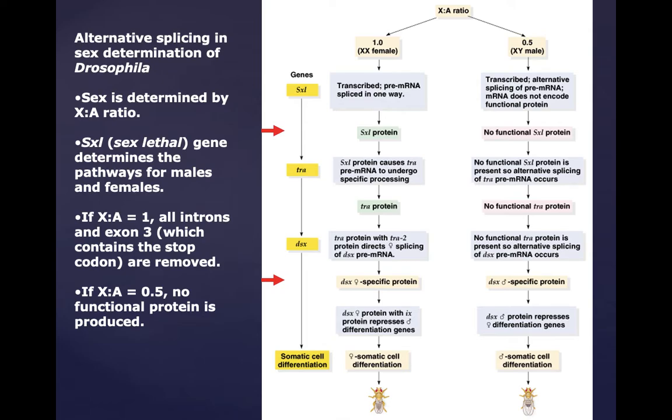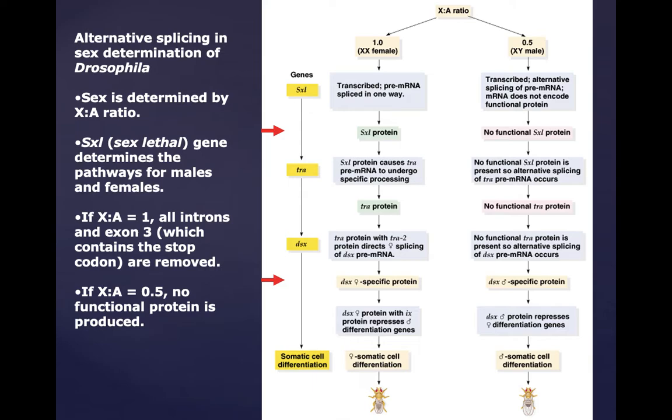For intended males, where the X to A ratio is 0.5 because there is a Y chromosome instead of another X, the gene will be transcribed and alternative splicing happens. But unlike in female Drosophila, in male Drosophila the mRNA will not code for a functional SXL protein.